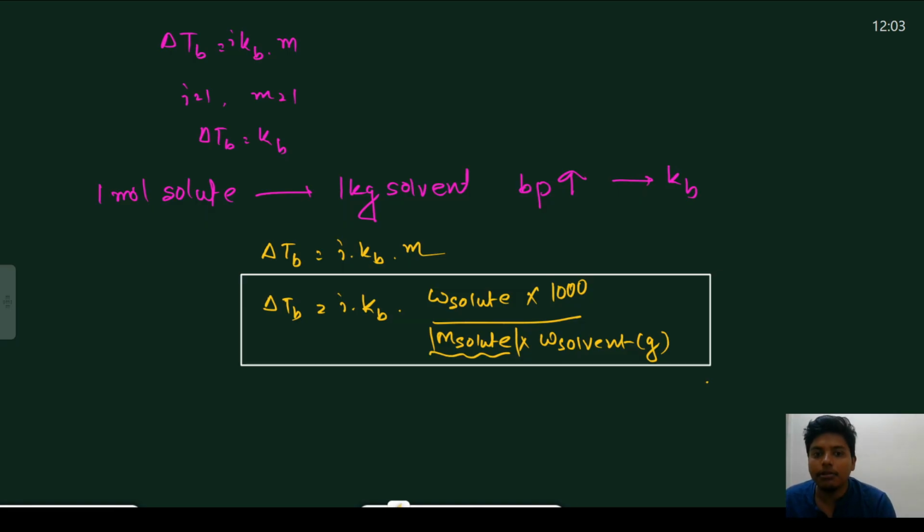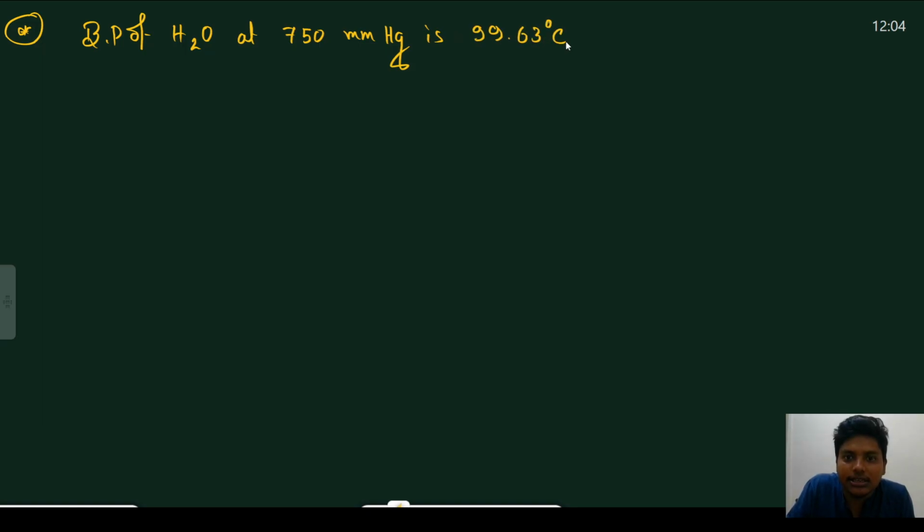Okay. So can I give you a question? Tell. Understood this? Okay, I'm giving you a question. Easy question. The boiling point of water at 750 millimeter Hg is 99.63 degrees Celsius.